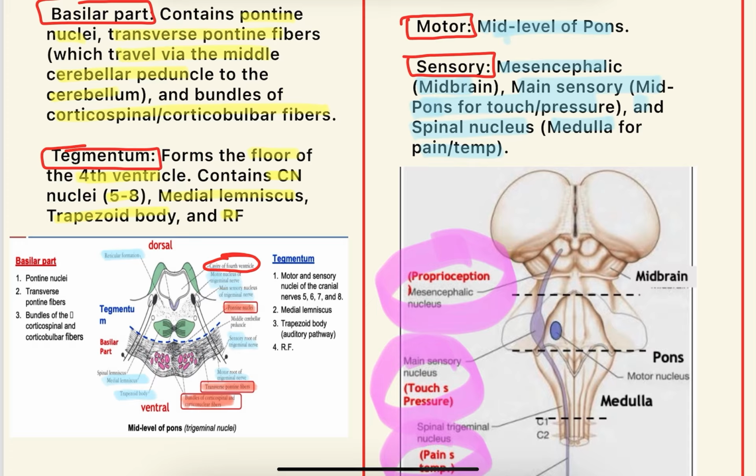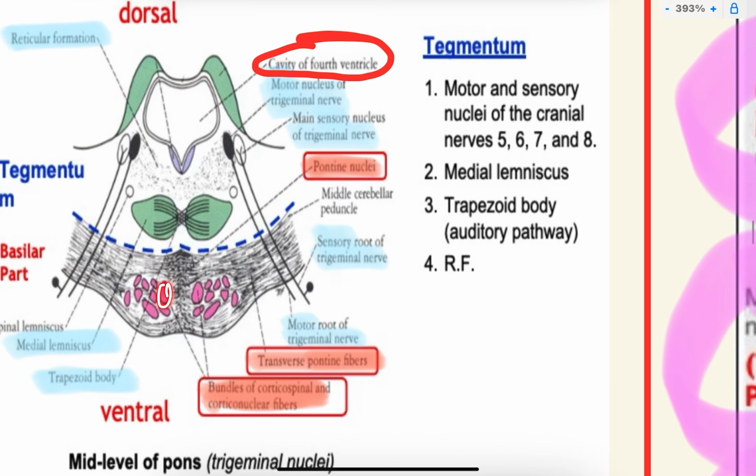They go to the cerebellum via the middle cerebellar peduncle. If you remember from the previous external features video, we have the pontine transverse fibers. We said they go to the back, to the cerebellum via the MCP. Okay, and also I can see corticospinal and corticobulbar fibers, but they will appear exactly here.